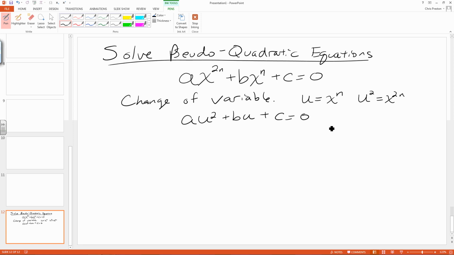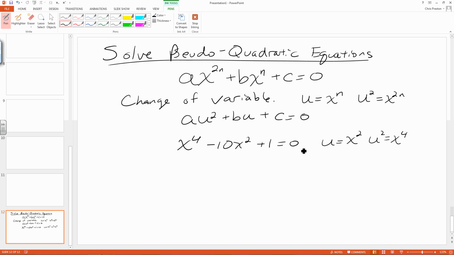and now it does look like a quadratic. So what we're talking about is, let's say we had x to the 4th minus 10x squared plus 1, and I said, okay, well, let's let u be the middle here. So let's let u be x squared. So u squared would be x squared squared, or x to the 4th.